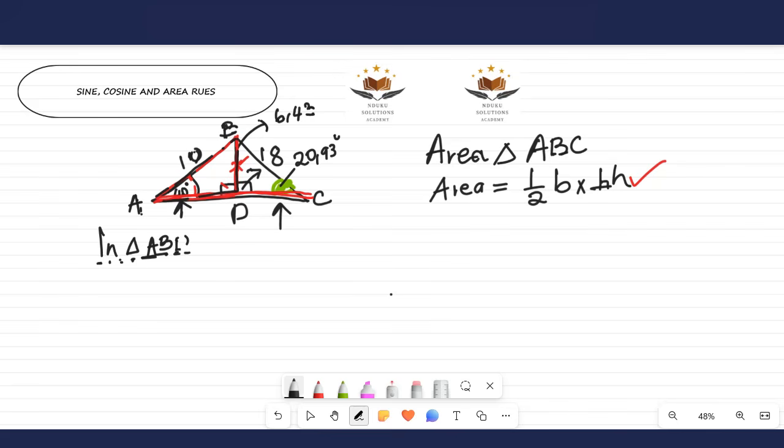We will say the cos of this 40 degrees will be AD over the hypotenuse. Remember, cos is adjacent over hypotenuse. So our adjacent is AD over our hypotenuse, which was 10.